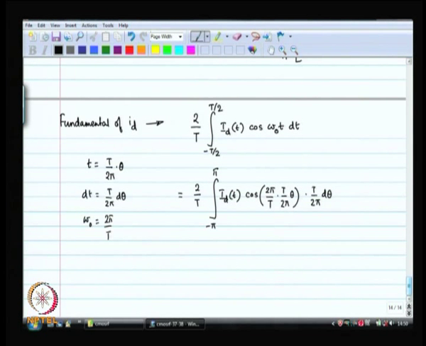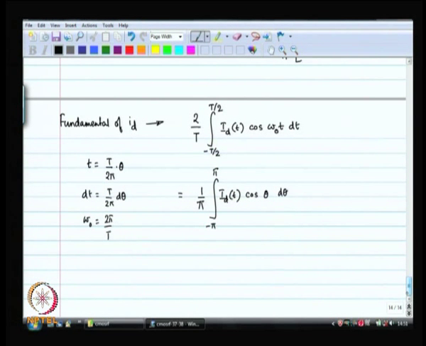So, I have done all these substitutions, and these substitutions lead me to believe that this is what I am doing. Right. Let us remove these brackets.